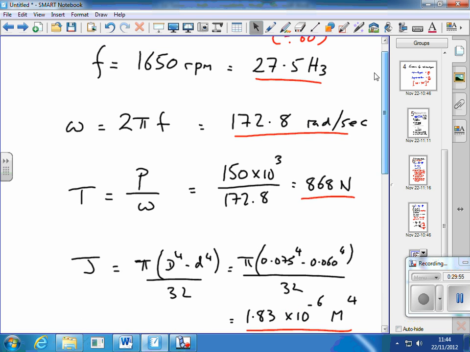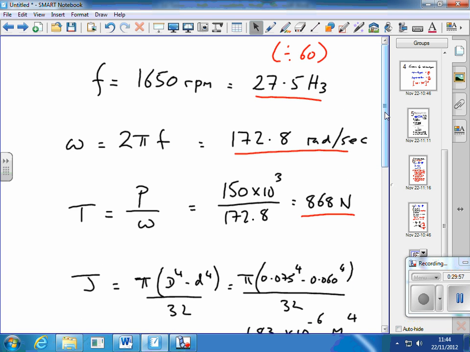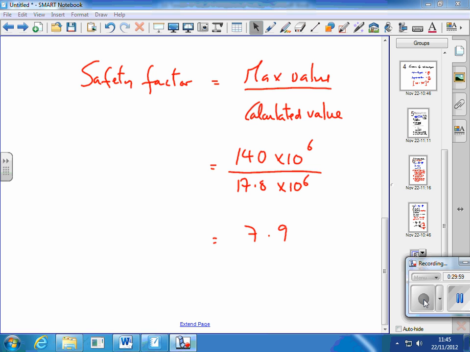So let me just record this little bit here. You've got a factor of safety close to 10. So well, this is perhaps a bit under then.